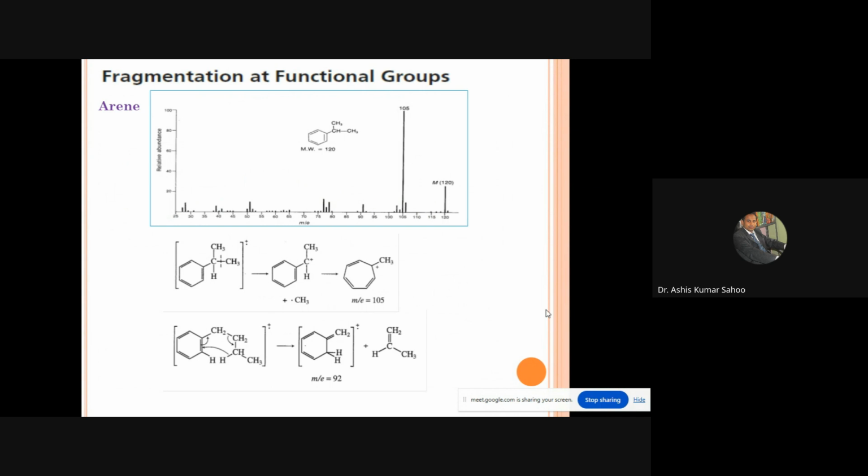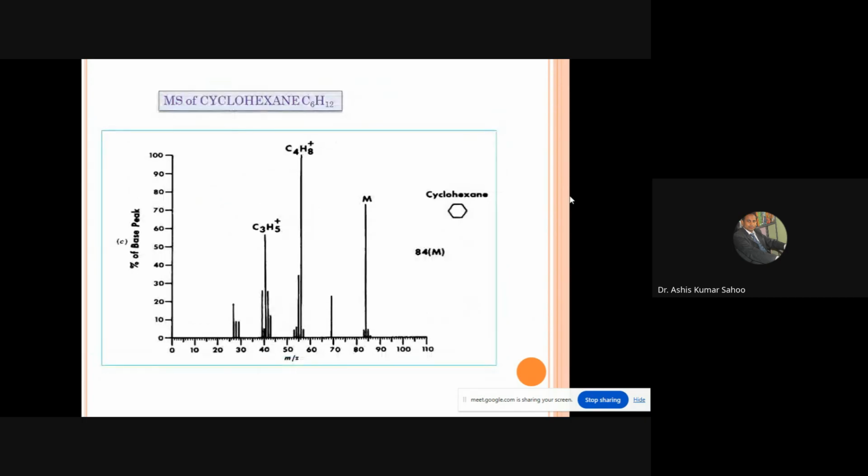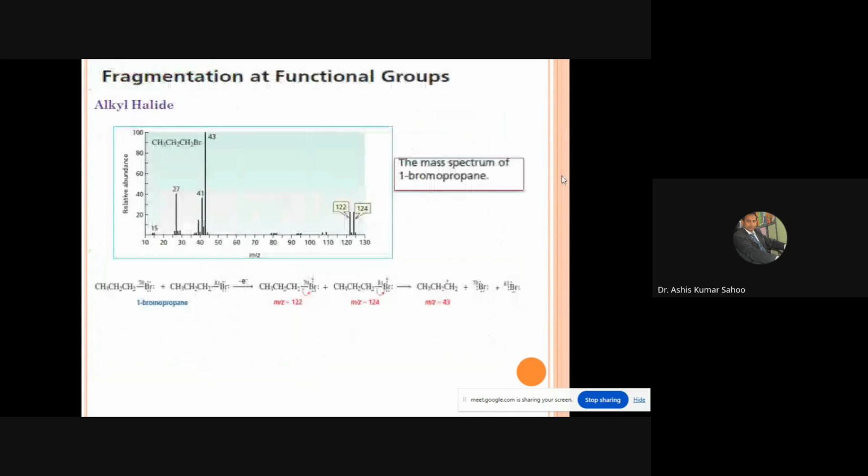So this is naphthalene. Let's just see some mass spectra of different compounds. This is naphthalene. This is the cyclohexane mass peak. This is the peak of a compound like this. This is an alkyl halide.